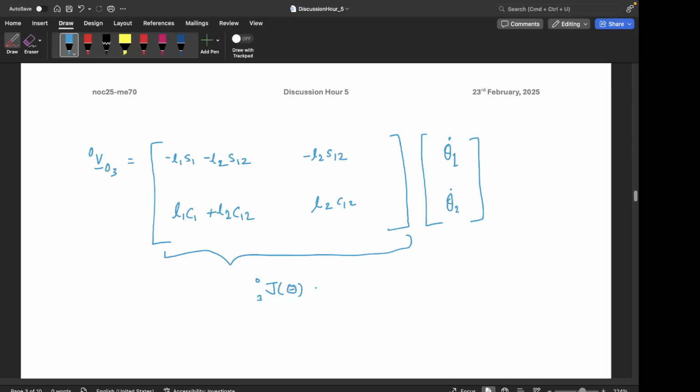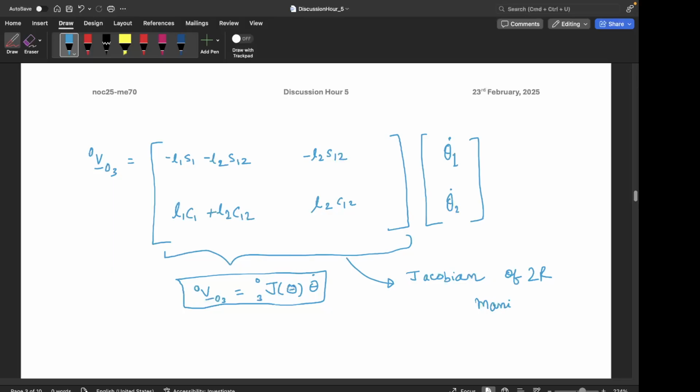So this multiplied with the joint velocities gives us the velocity of the end effector in that specific frame. This is what we call the Jacobian, and this is for a 2R manipulator.